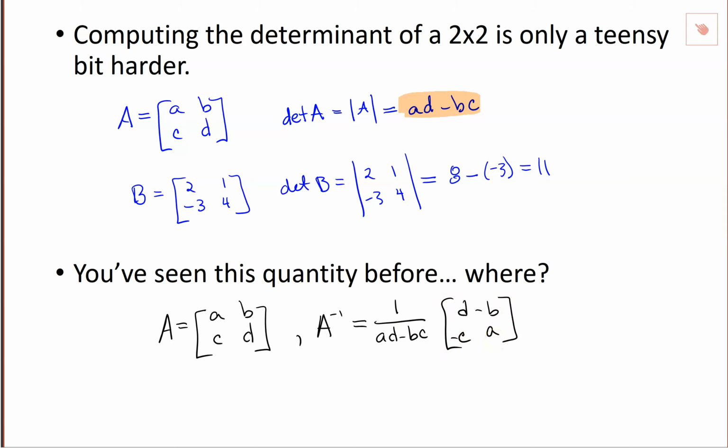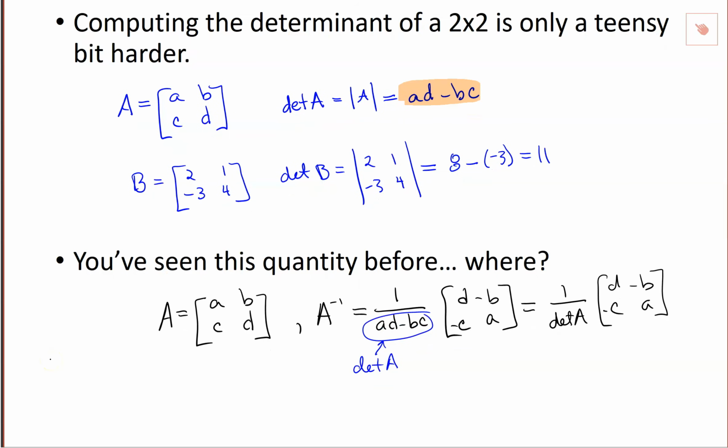This quantity now is just what we've been talking about. This is the determinant of A. So we'll often see this formula written down as 1 over det A, times the matrix with D, minus B, minus C, A. Okay, so that's the determinant of a 2 by 2, and we can see where it's arisen before.